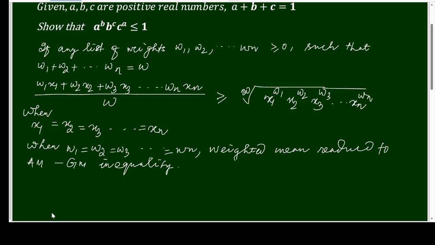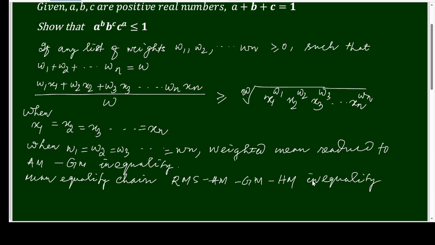So this is called the mean inequality chain: root mean square, arithmetic mean, geometric mean, and harmonic mean inequality.